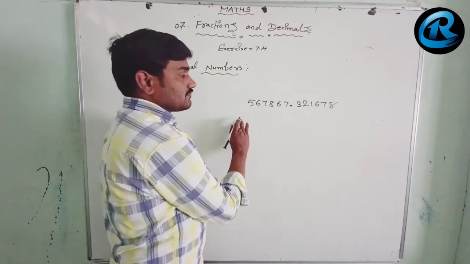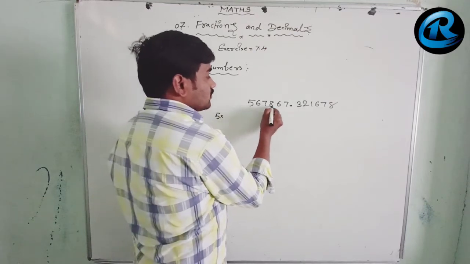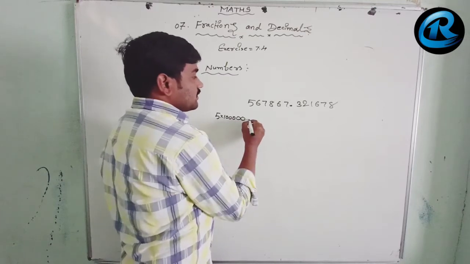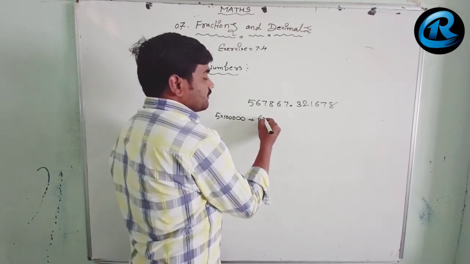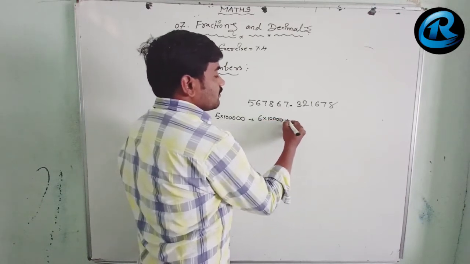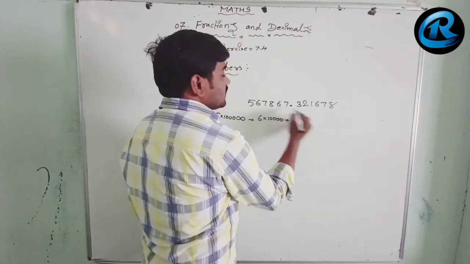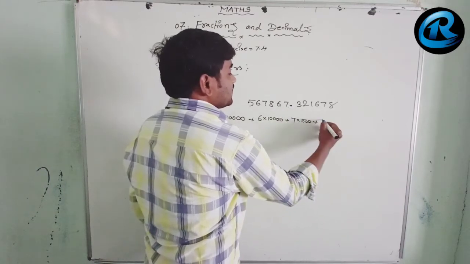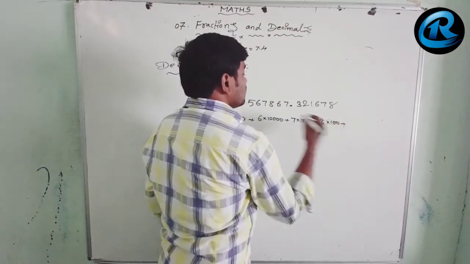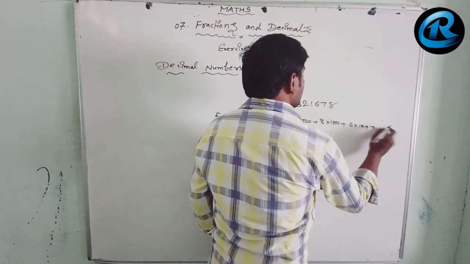So 5 lakhs. 5 in lakhs place, 6 in ten thousands place, plus 7 in the thousands place, plus 8 in the hundreds place, plus this 6 in the tens place, plus 7 in the ones place.